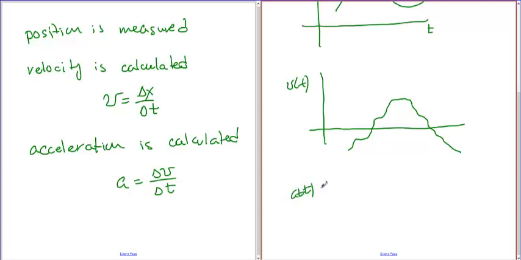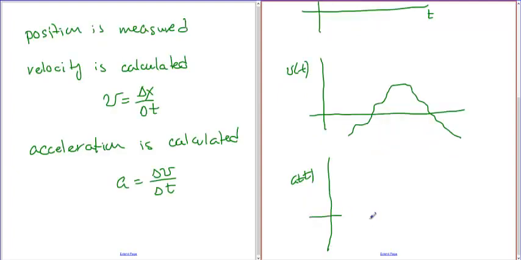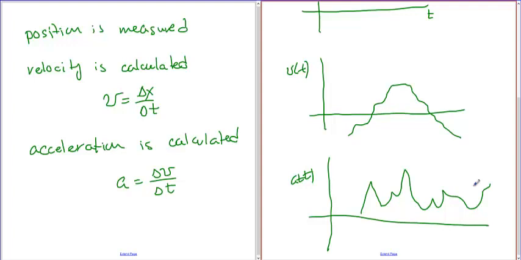And then the acceleration as a function of time would look something like, you know, it gets worse. If I were to then calculate the next thing, which is called, what the heck is it called? It's called the jerk. If you take the derivative of the acceleration with respect to time, then that one's going to be even more scattered, more inaccurate.